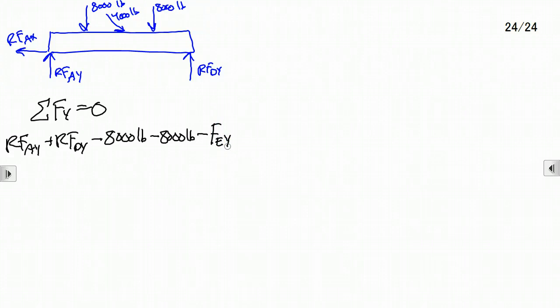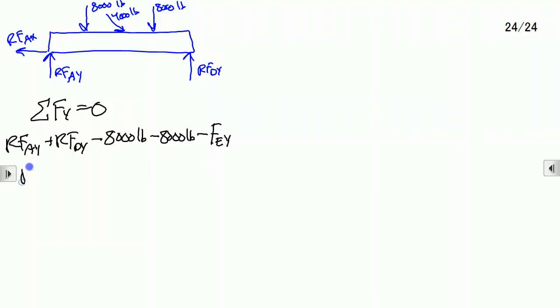Lucky for us, the force at E in the y direction is the same as the x direction, because at 45 degrees the x component and the y component are the same. So if you go back and do 4,000 pounds times the sine of 45 degrees, you would get the same amount.